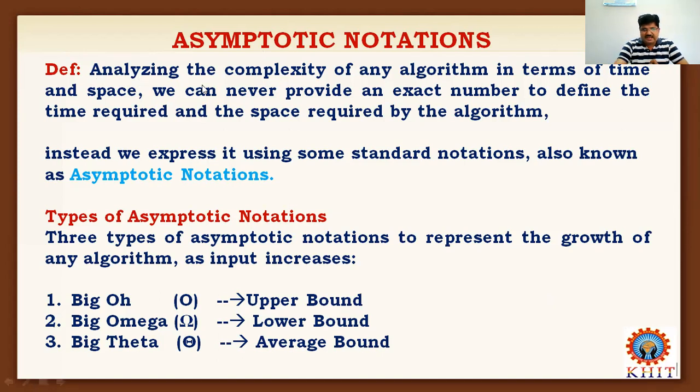Analyzing the complexity of any algorithm in terms of time complexity and space complexity, we never provide an exact number to define the time required and space required by an algorithm.